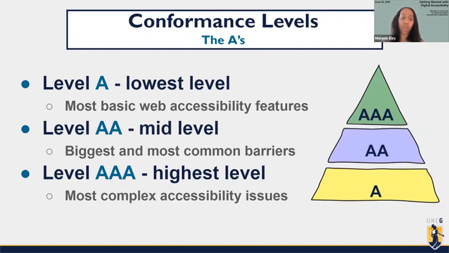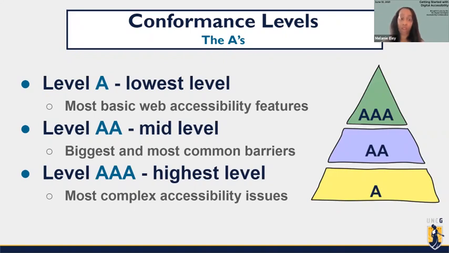With this level, you're saying that you have met the standards for single A, your most basic accessibility features are there, but you've also addressed some of the significant barriers that often exist for people with disabilities. They should have been eliminated and made accessible.